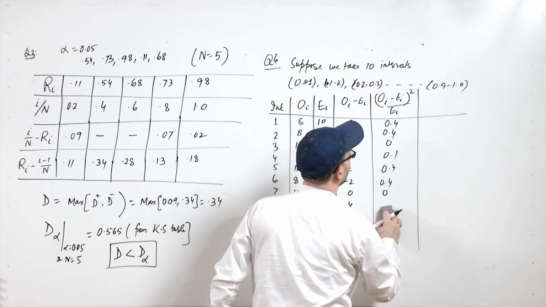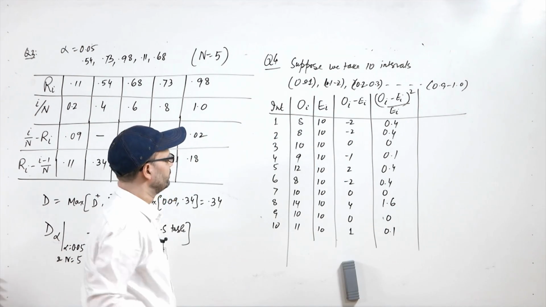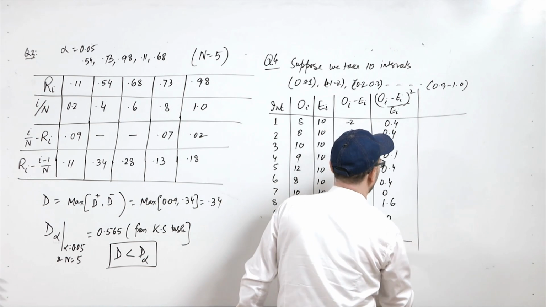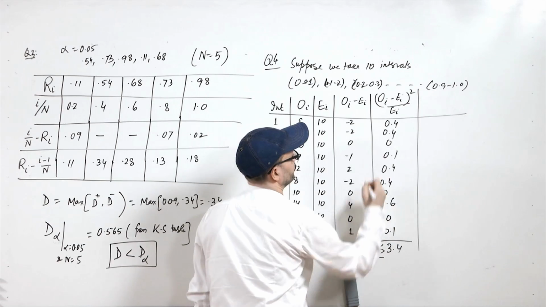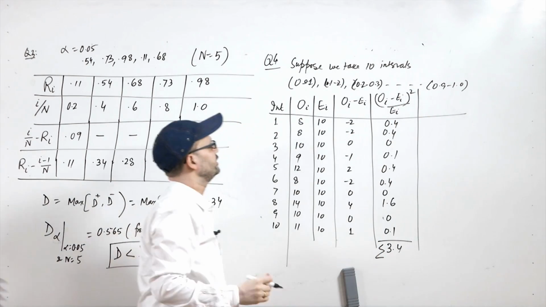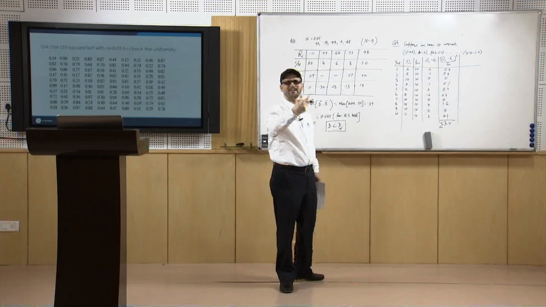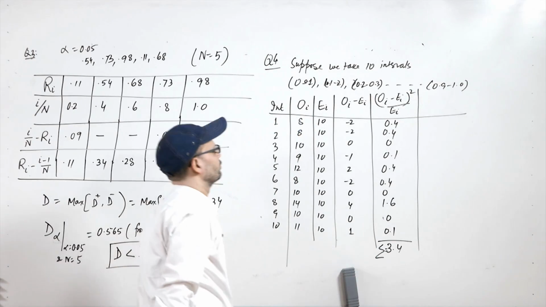Once we add them it will be 3.4. So the summation of OI minus EI square upon EI, where I varies from 1 to n, that is 10, comes to 3.4.